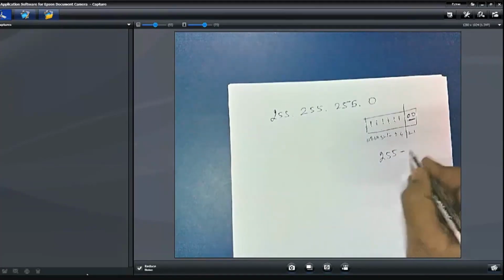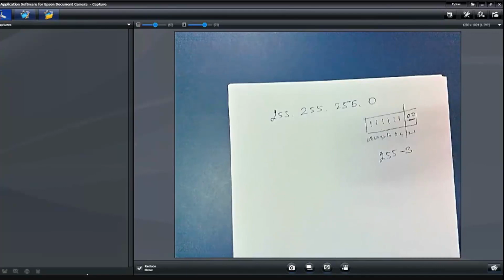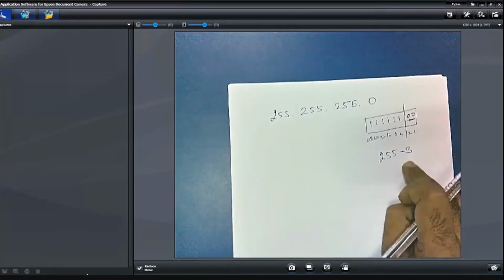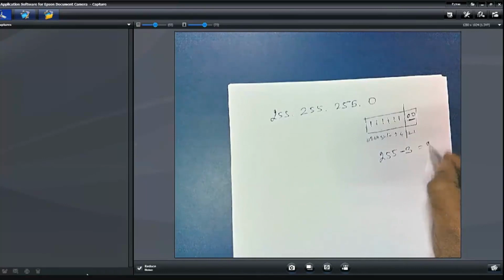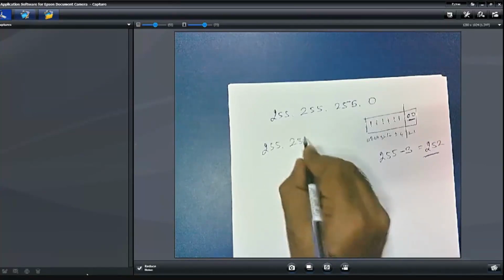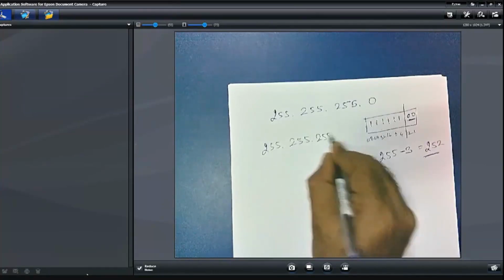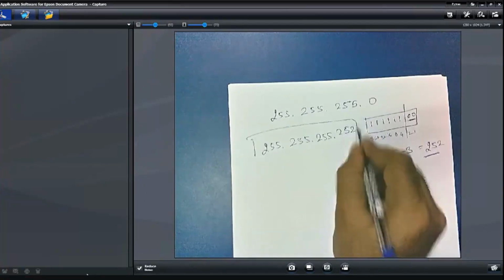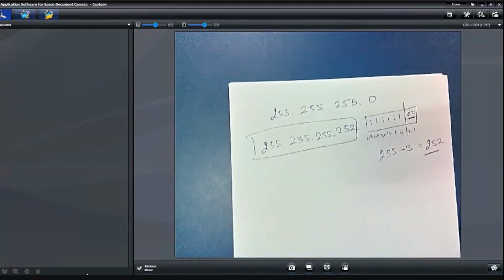So 255 minus 3, that is 2 plus 1, is 3. If I subtract 3, that is going to be 252. So 252 is my new subnet mask: 255.255.255.252. This is your new subnet mask.